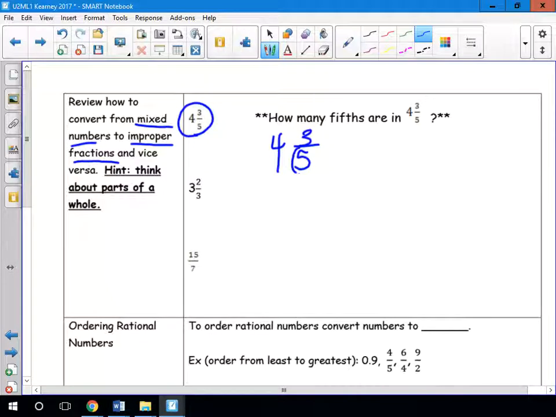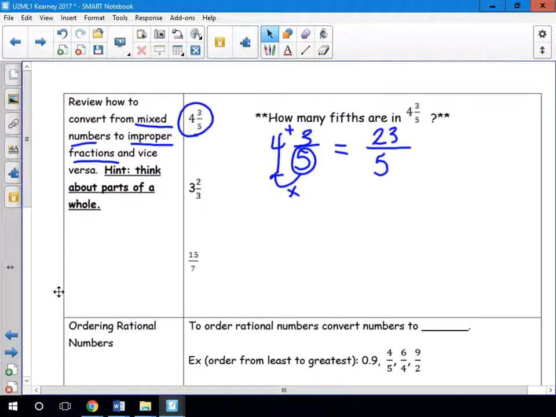You're going to take the denominator, multiply by the whole number. So 5 times 4, and then we're going to add the numerator. So 5 times 4 is 20. 20 plus 3 is 23, and you keep the denominator the same. Okay? So multiply the denominator by the whole number, and then add the numerator.